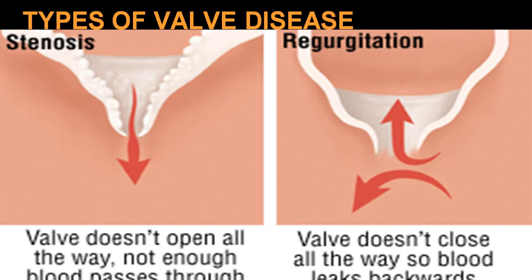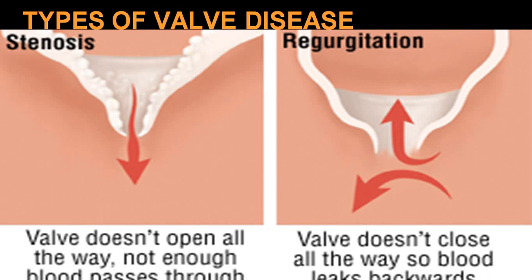Basically, we come across two types of valvular involvement, which hemodynamically produce problems in normal circulation. One we call stenosis and the second we call regurgitation.